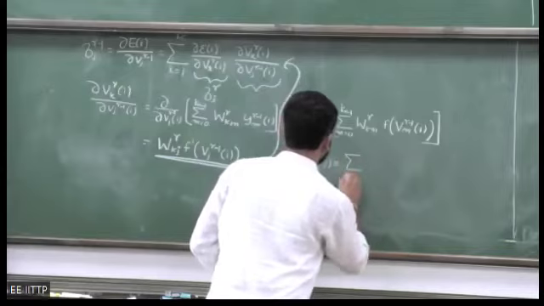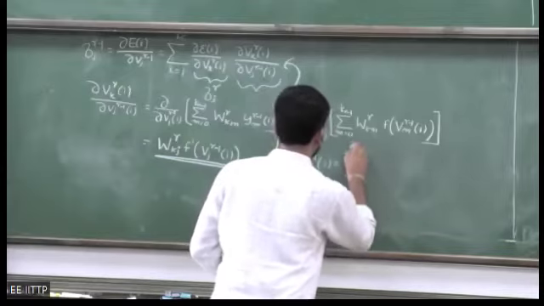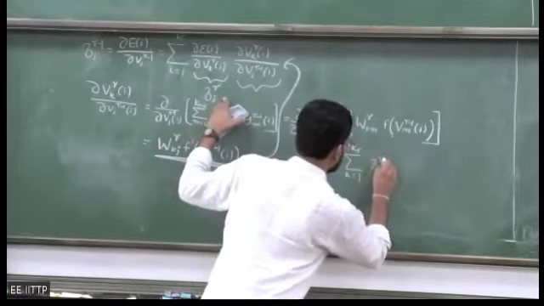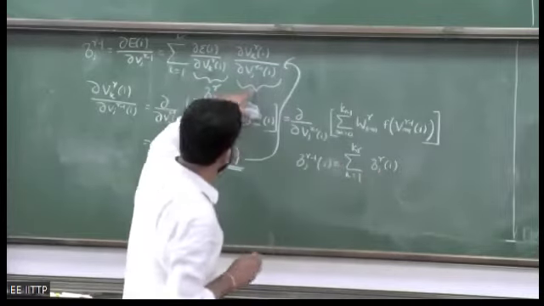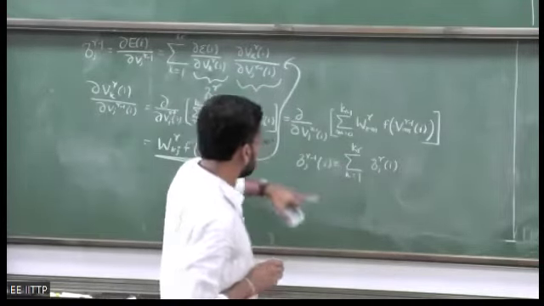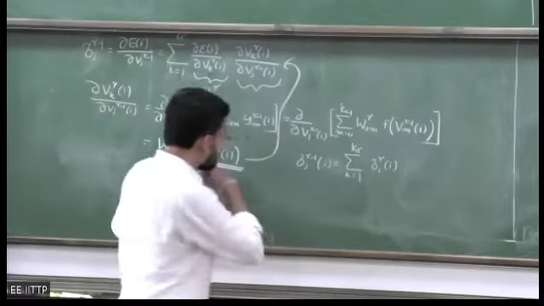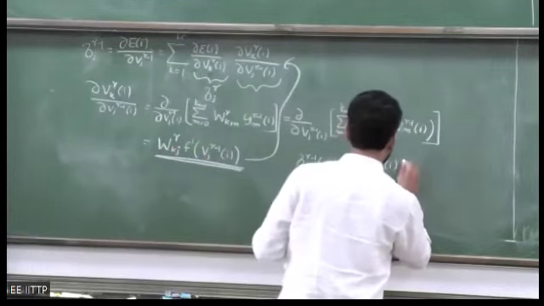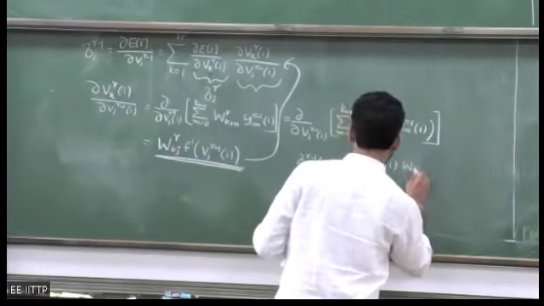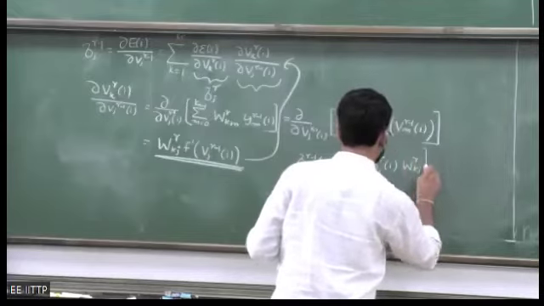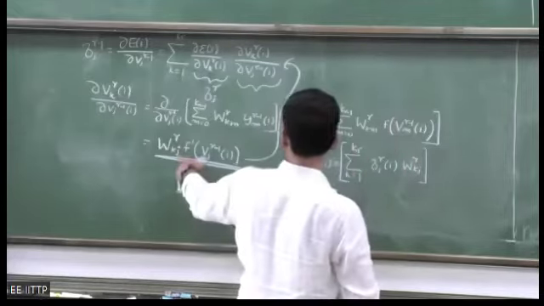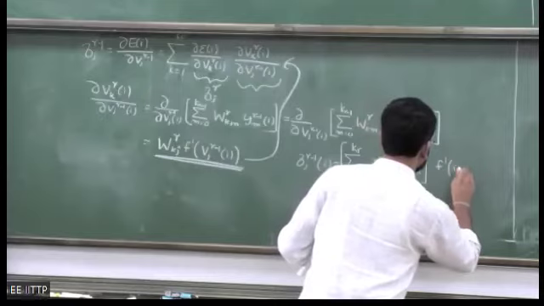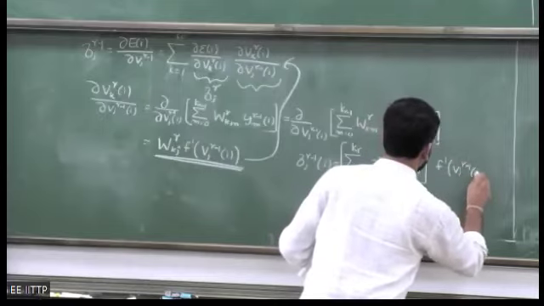So that is equal to summation k varying from 1 to k_r of delta_j^r of i into this one. What is that value? This one. Well, this has nothing to do with k. So I will simply write here w_kj^r, and I would write this f dash of V_j^(r-1) of i.